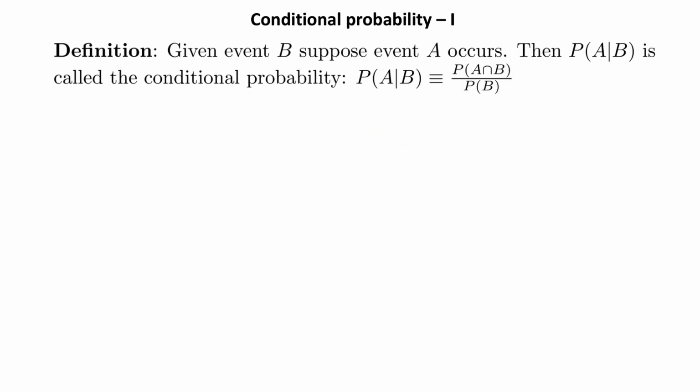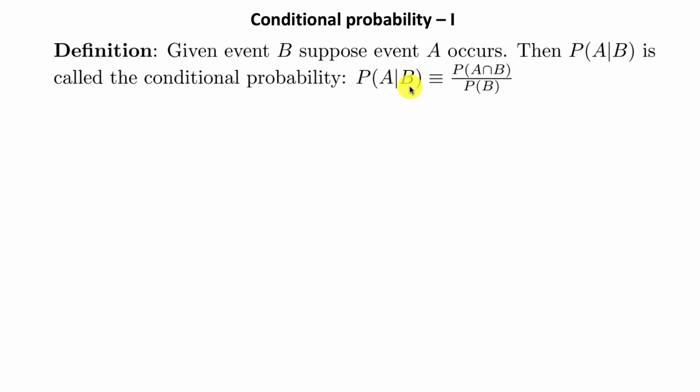Let's now go on to something new, the concept of conditional probability. So suppose that some event B has occurred, and thereafter an event A occurs. Then P of A given B is called the conditional probability.